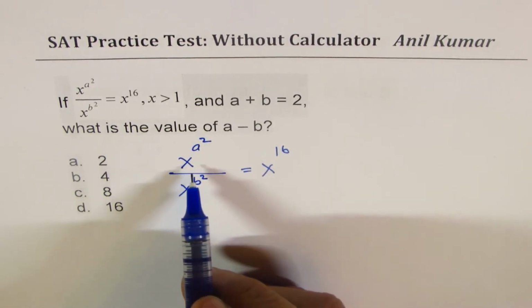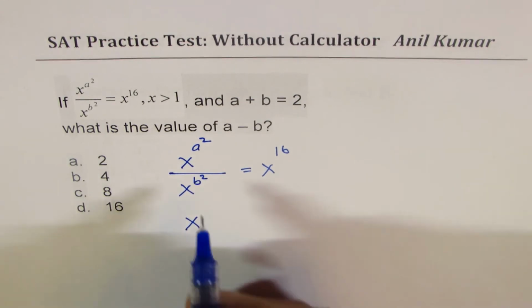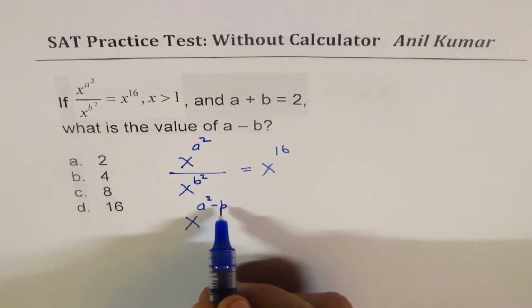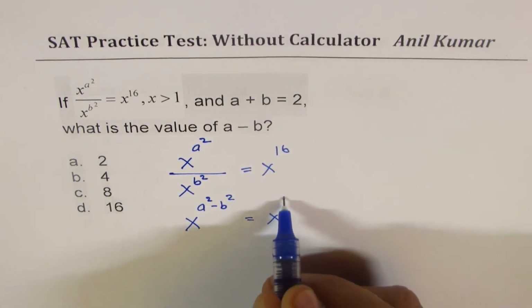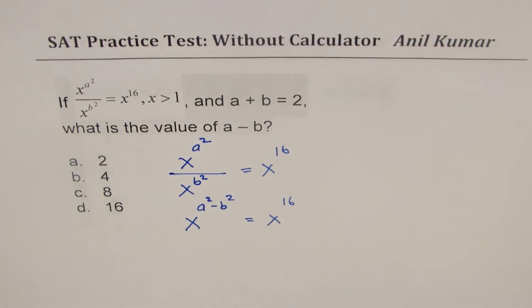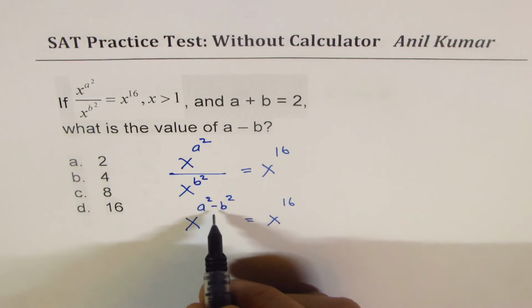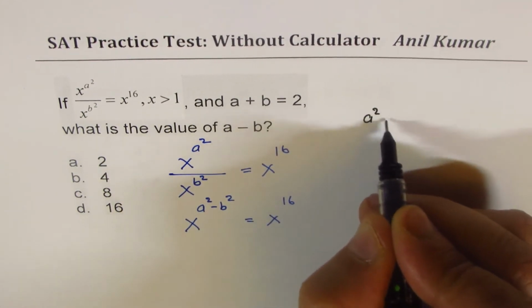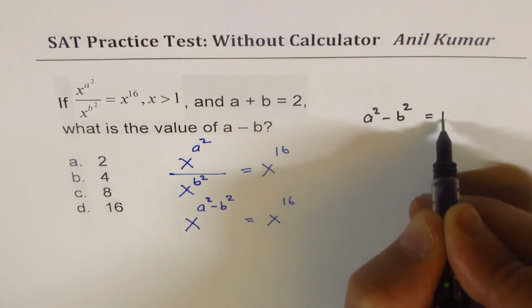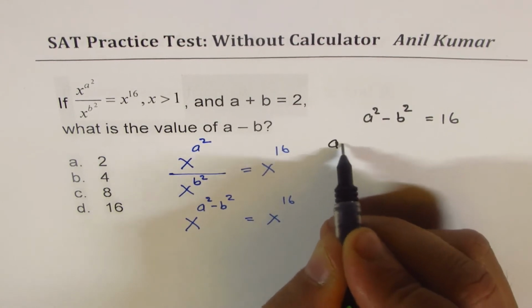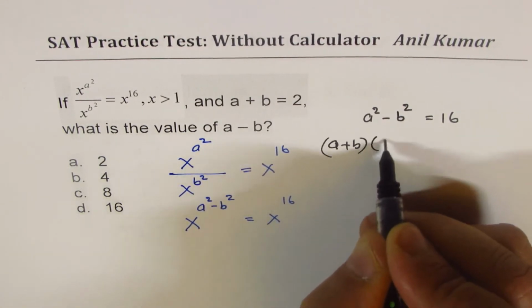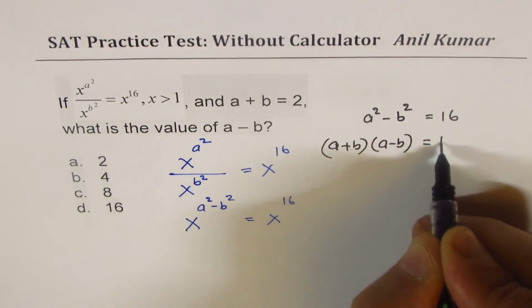So if I apply the laws, what should I get? I get x to the power of a squared minus b squared equals x to the power of 16, and that clearly means that exponents should be the same, right? a squared minus b squared, let me write it first like this, equals 16, could be written as a plus b times a minus b, right? That is 16.